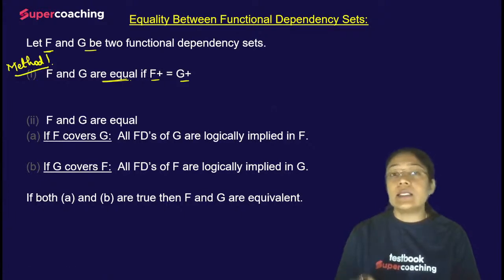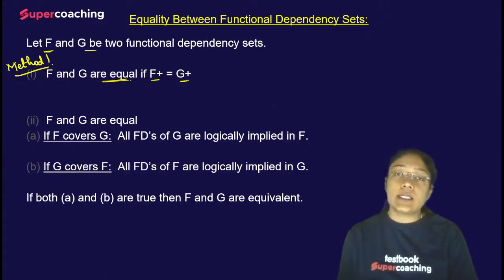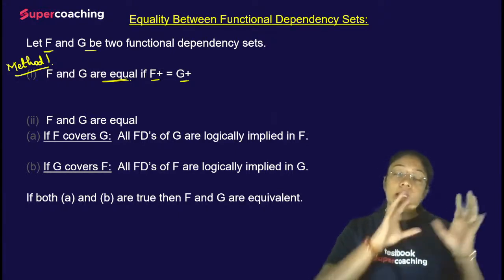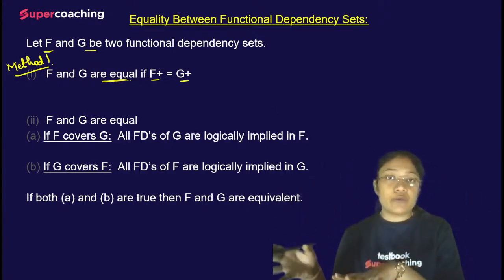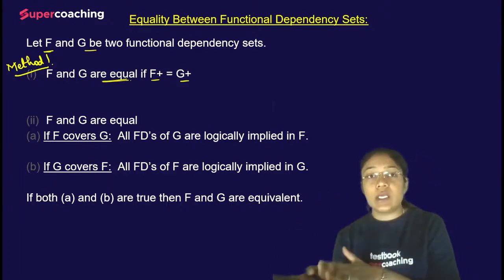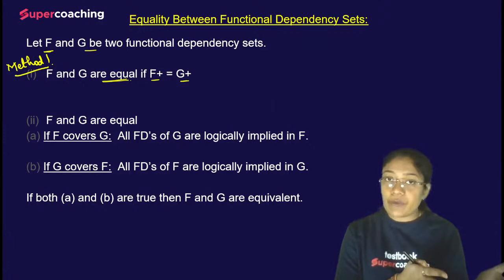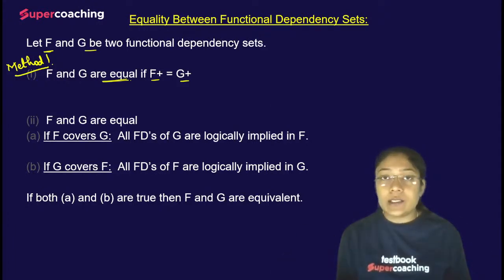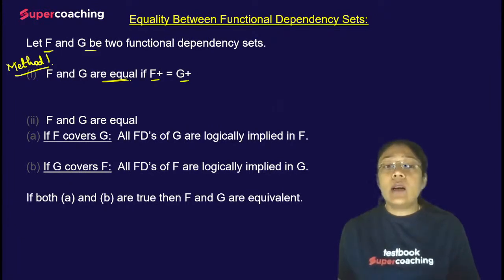So the other easy method is we will see whether the functional dependency set F is covering all the dependencies of G. If F is covering all the dependencies of G and G is covering all the dependencies of F, that means both are equivalent. Both are covering each other's dependencies, so both are equivalent.